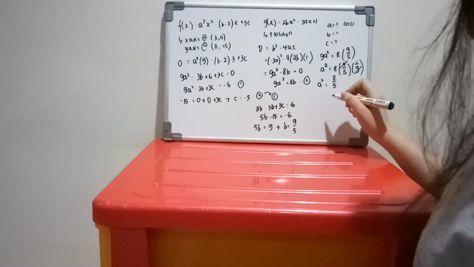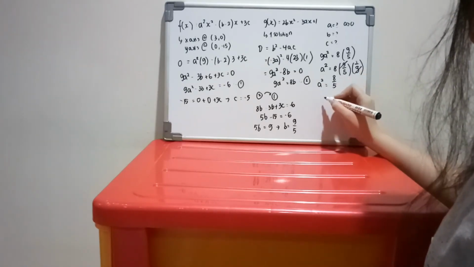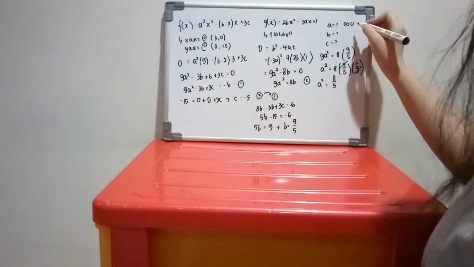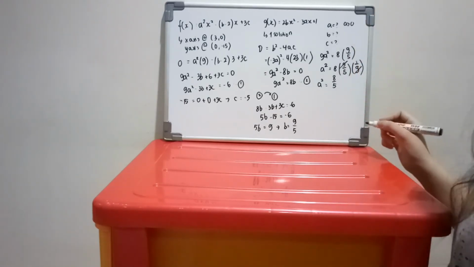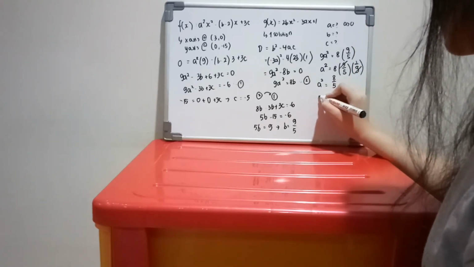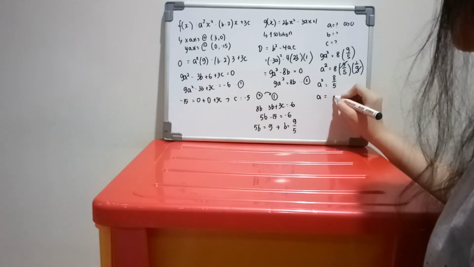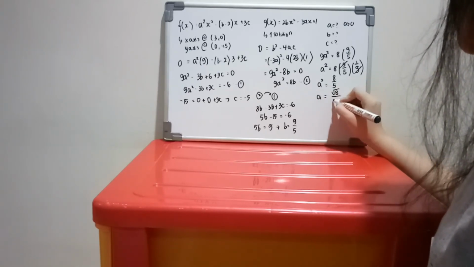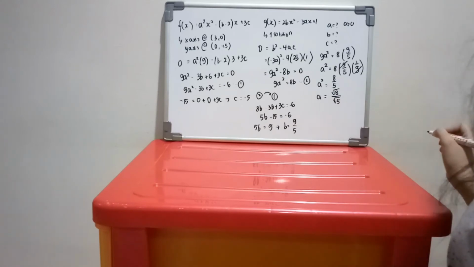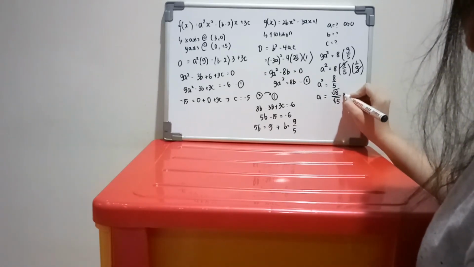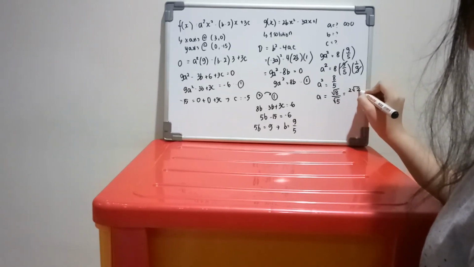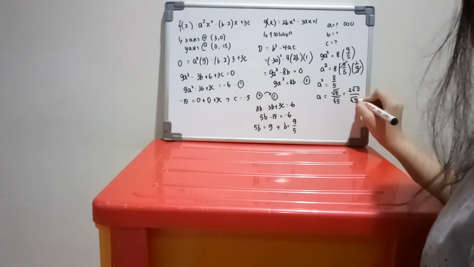We can take the square root to get only a, and since a is bigger than 0, we only take the positive root. So a equals square root 8 over square root 5. Simplifying square root 8, we get 2 square root 2 over square root 5.